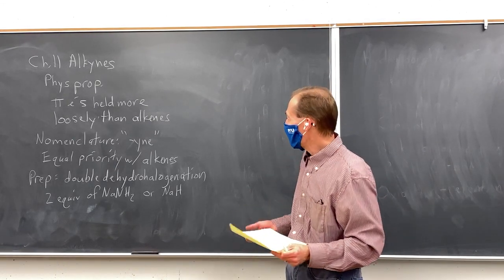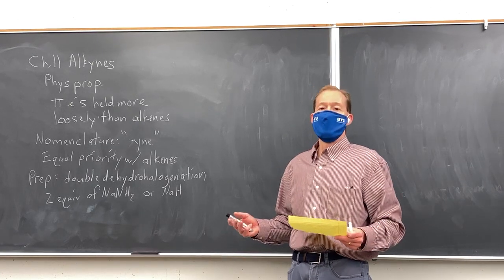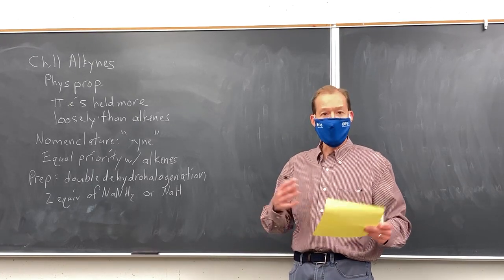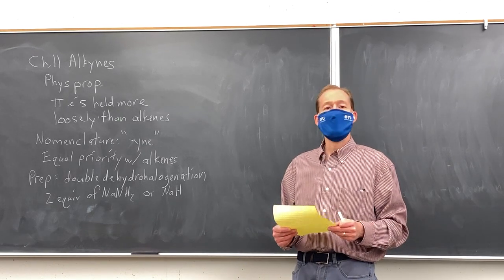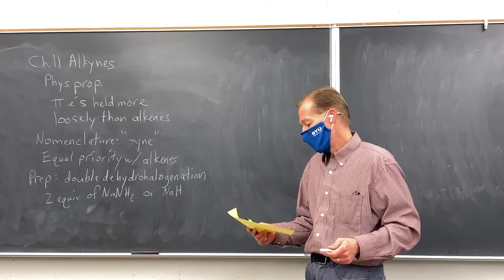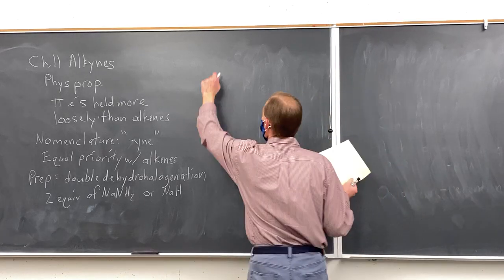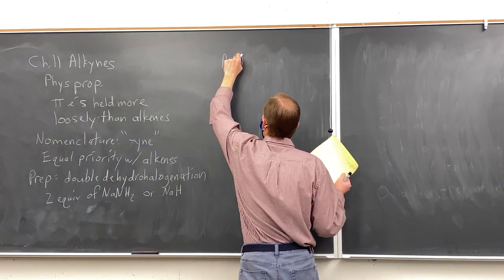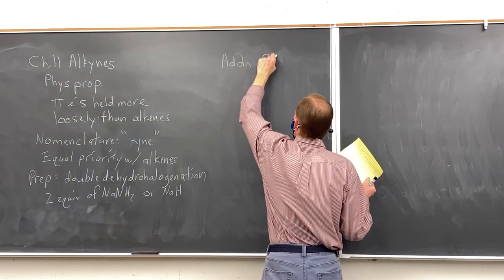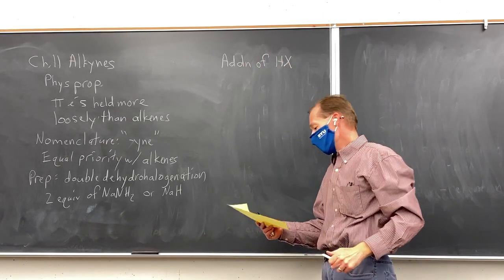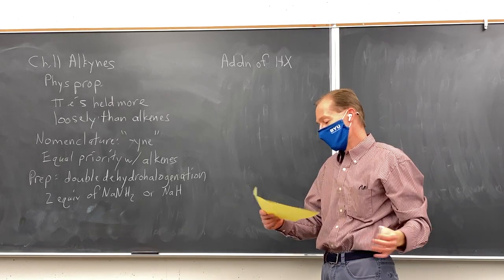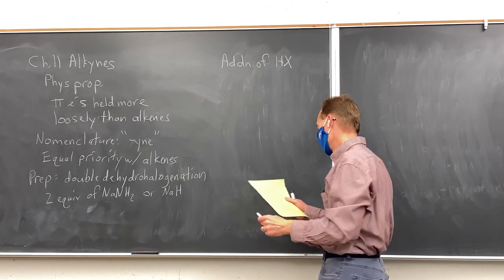So the reactions of alkynes, the first 4 that we'll discuss in this chapter are going to parallel the reactions of alkenes because they will be addition reactions. So we'll start with the addition of HX. And we're going to need 2 equivalents of HX.